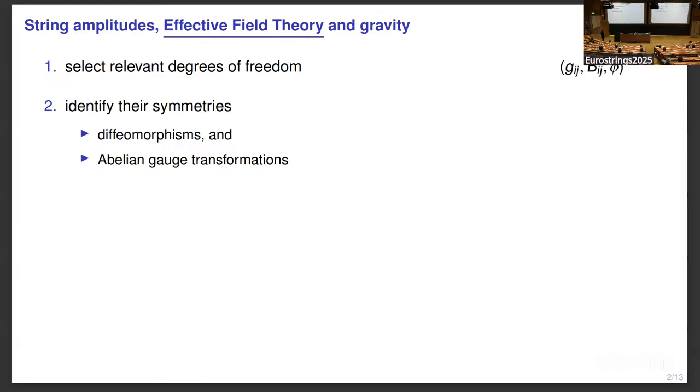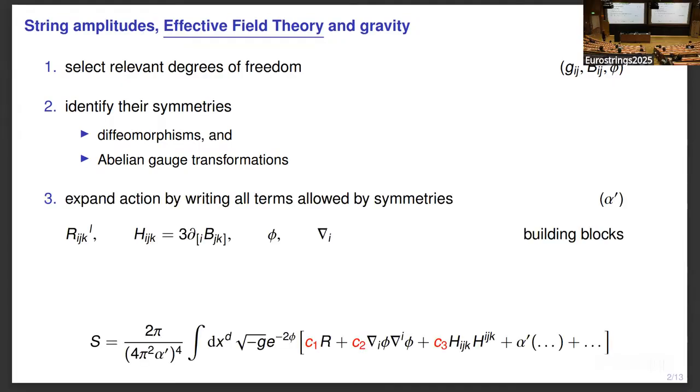So here we have diffeomorphisms, of course, because we have a supergravity, and we also have abelian gauge transformations for our B field. And now in the next step, we write down for our action all the terms which are allowed by symmetry. So we have these very well-known building blocks and we just combine them in all possible orders.